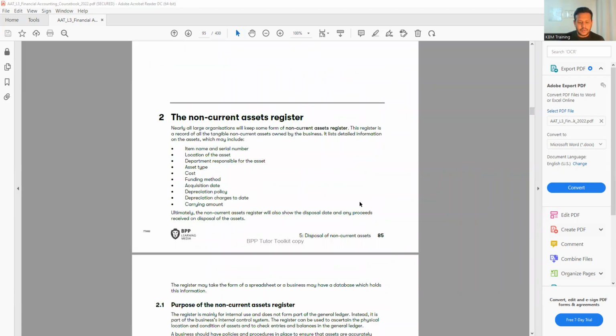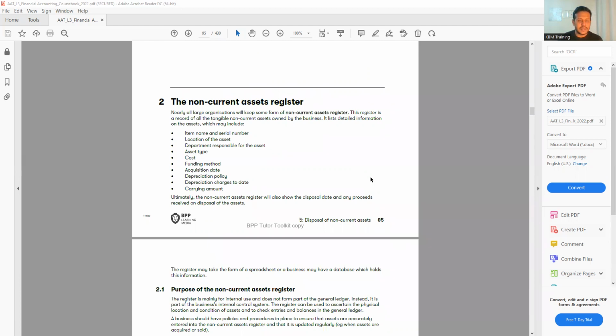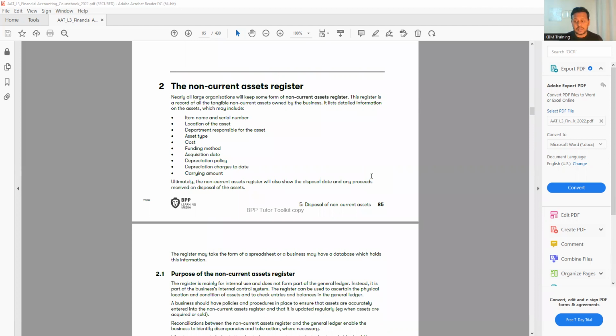Okay, the next point that we're going to do now is the non-current asset register that I mentioned at the beginning. We have to record all the non-current assets in a template. So what sort of information do we need for that?